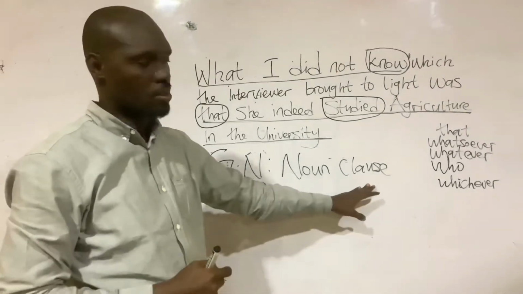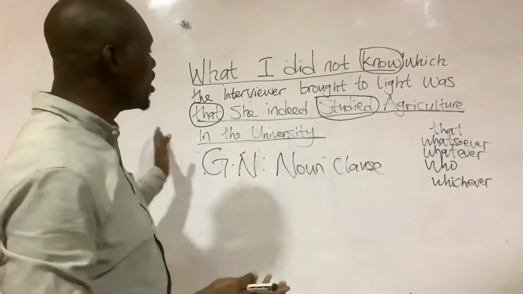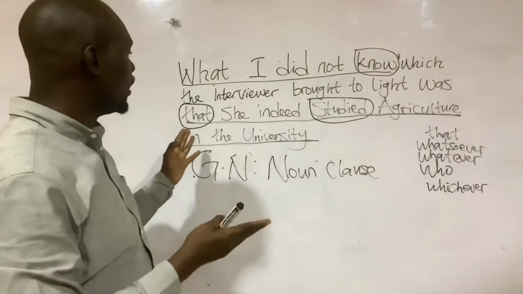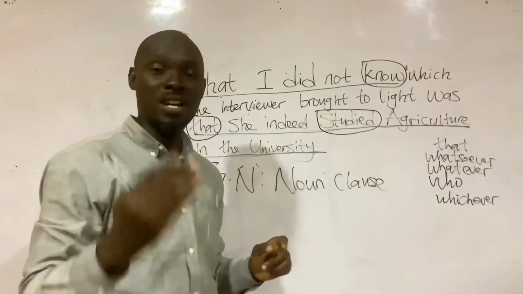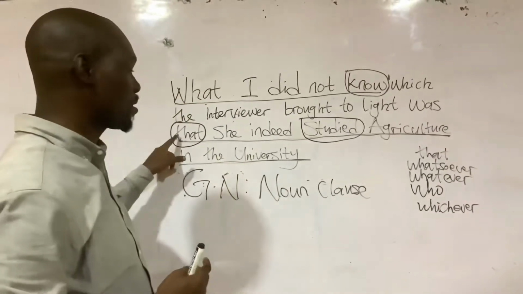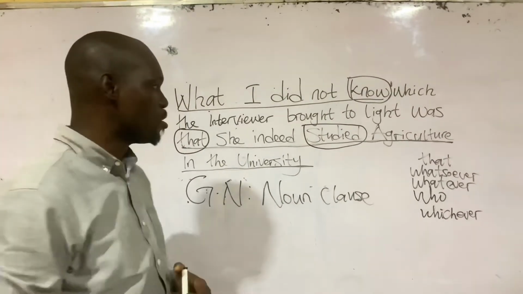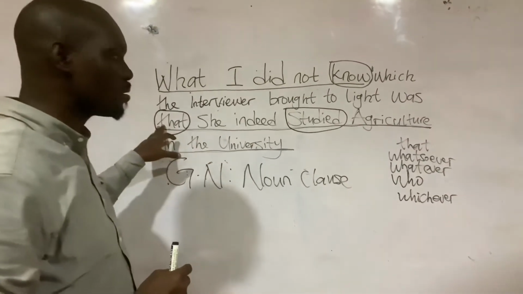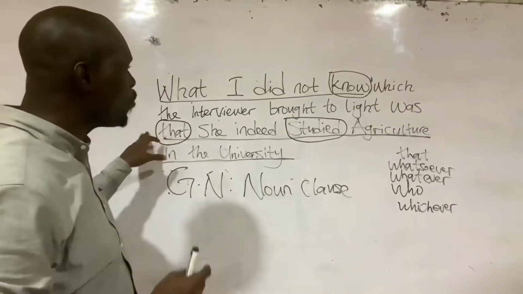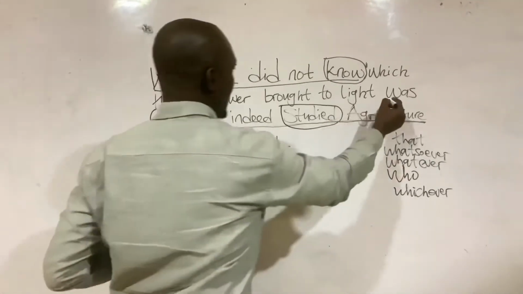A noun clause. But apart from this, how do you differentiate between a noun clause that starts with that and a relative clause that also starts with that? Very simple. For a noun clause that starts with that, it is always preceded by a verb.